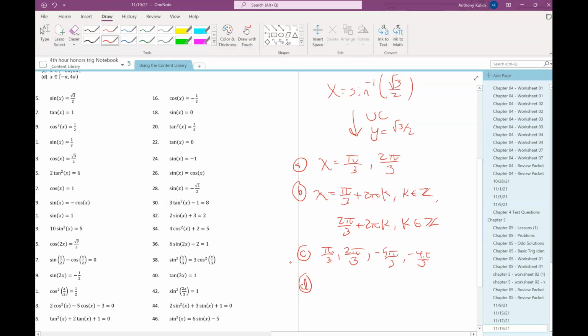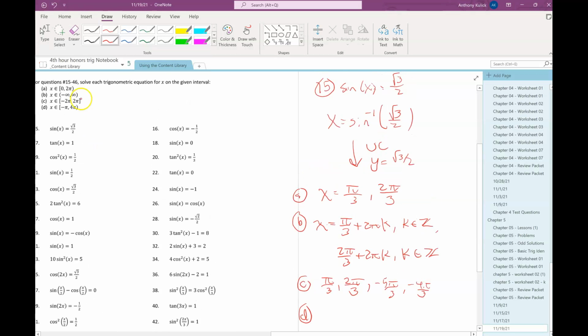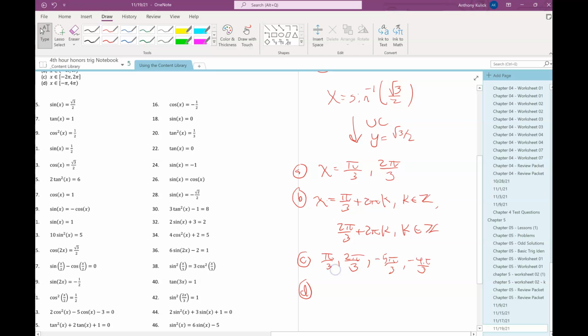And then part D, so we've covered negative pi to 2 pi in part C, right? That's a subinterval. So I'm just going to look from my answers from part C. So these guys are too small. Those are less than 1 pi, so I don't need those.